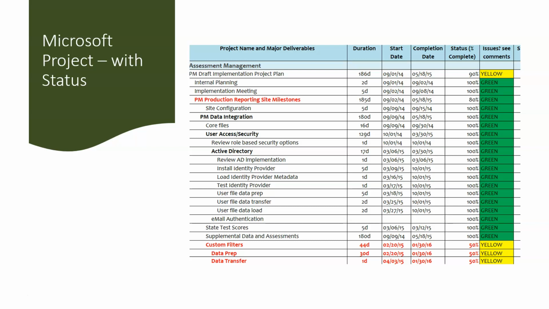If it's 95 to 100%, it's green. And if it's lower than 35%, you're going to have it turn red. And that's not too difficult to do with pivot tables. If you were in one of the more formal tools like Microsoft Project or Smartsheet, those numbers would turn colors automatically.